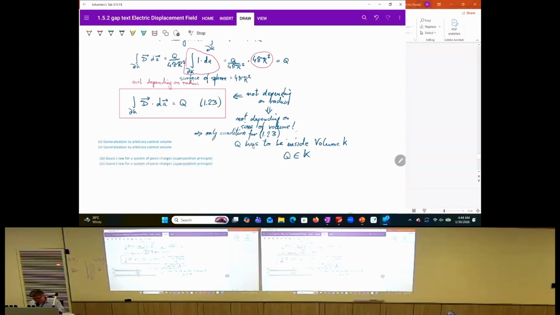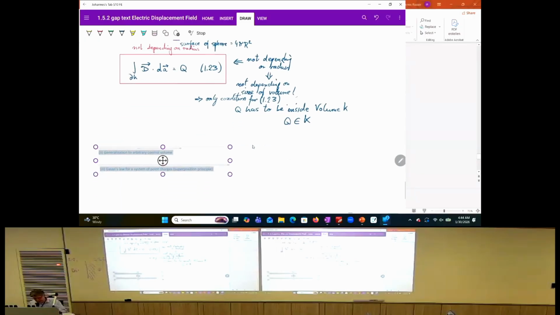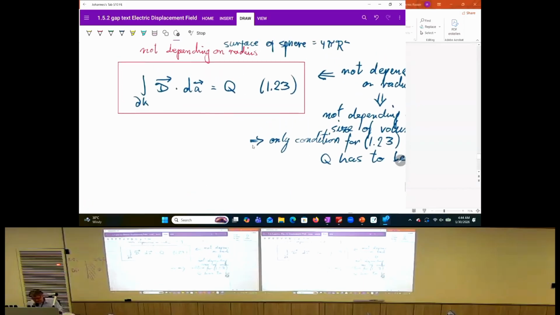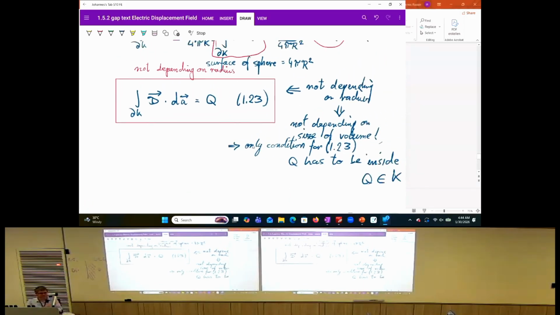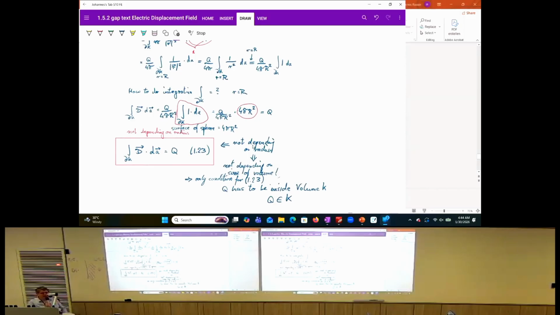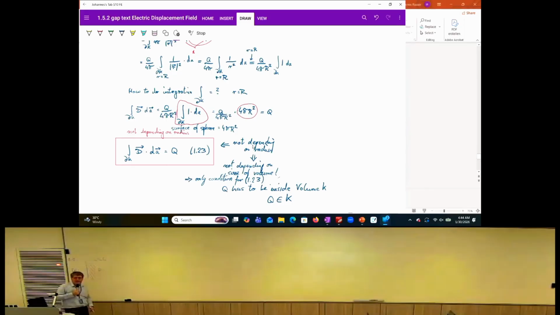So this is really a very important law. That is Gauss' law. You can have an arbitrary control volume. This is basically a virtual volume. It doesn't matter. It's a purely virtual volume. You can place it anywhere in your space.